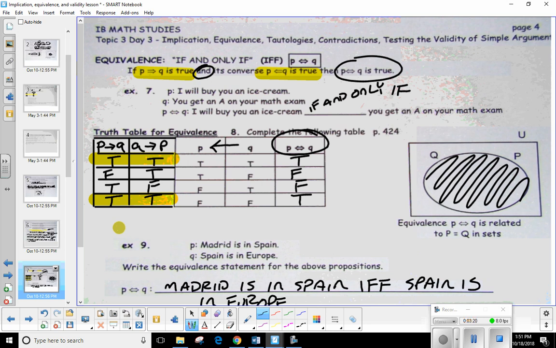Both P and Q had to be true or false to be a true statement. Yes. Okay, well we have here what I highlighted, P implies Q is true and Q implies P is true. If they're both true, then they're equivalent to each other. And if you take a look in the first two columns we created for the implication, see we've got one false, so the equivalence was false. One false here, same thing.